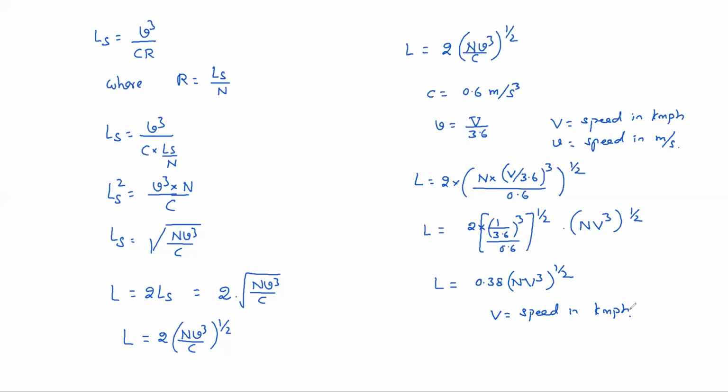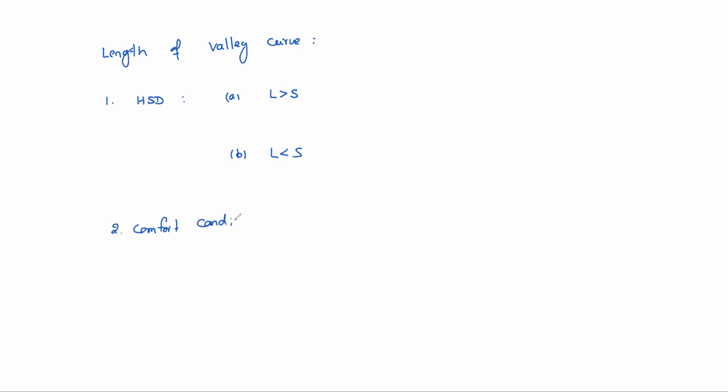So finally, you can conclude that the length of valley curve can be found, first, based on the HSD requirement. Case A, L is greater than S. Case B, L is less than S. Second one, comfort condition. So you should remember these formulas.